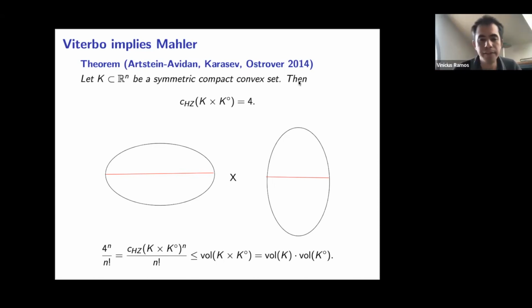Sorry, is it sufficient that you have an embedding of a ball of capacity 4 to know the Gromov width? Yes, it is, because we know that the Hofer-Zehnder capacity is equal to 4. So the Gromov width cannot be bigger than 4. Okay, thanks. Yeah, so in general, it's not known.